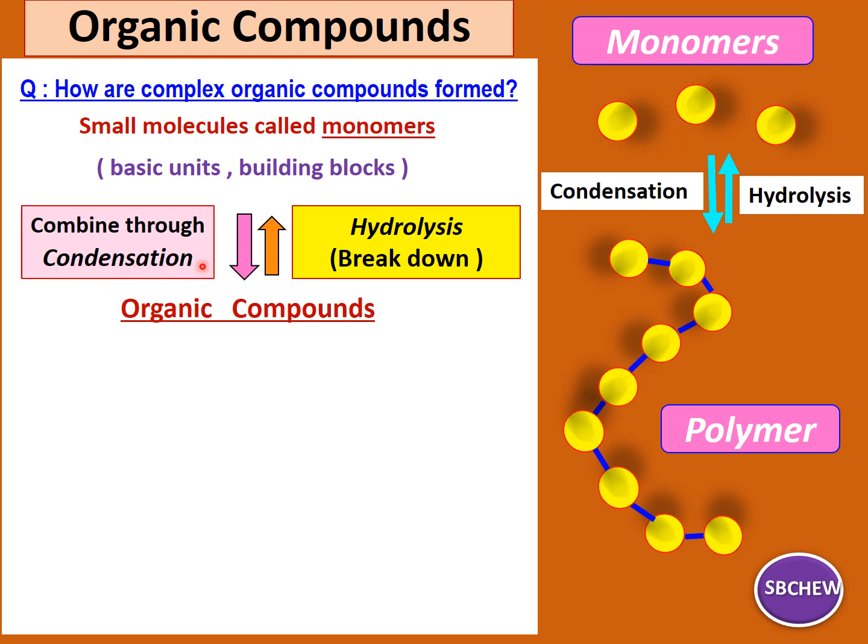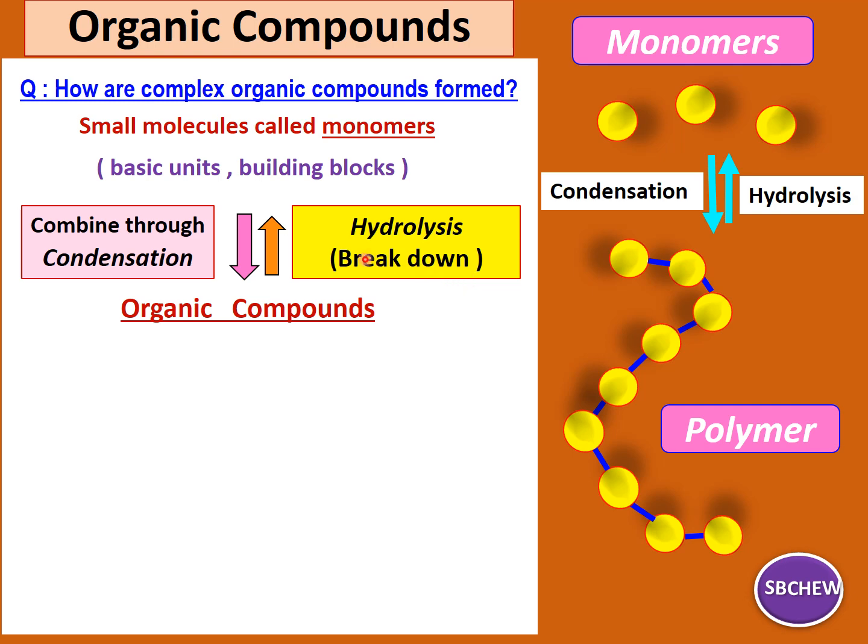The opposite of condensation is hydrolysis, or the reverse process, whereby large organic compounds can be broken down into their basic units called the monomers with the addition of water, when water is added in the reaction.